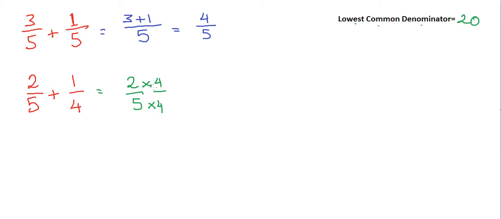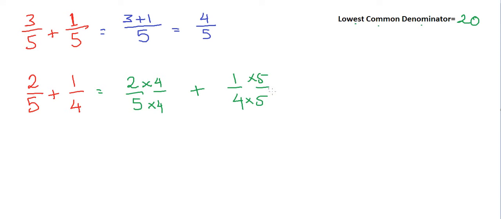So our 2/5, we multiply by 4 on the numerator and the denominator. We do that to our next fraction as well, plus 1/4. Remember, we want to get this denominator to 20, so 4 goes into 20 5 times, so we multiply it by 5. Again, what we do to the bottom, we do to the top, because 5 divided by 5 is 1.